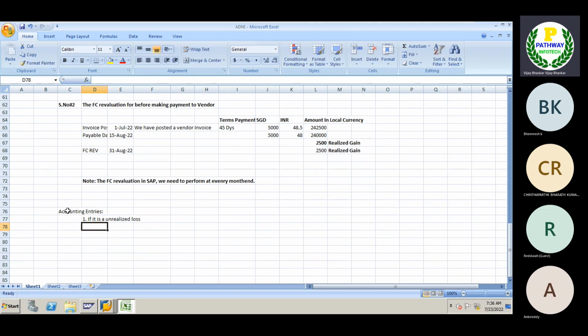if it is an unrealized loss, what is the accounting entry?